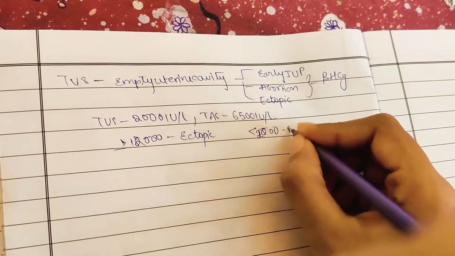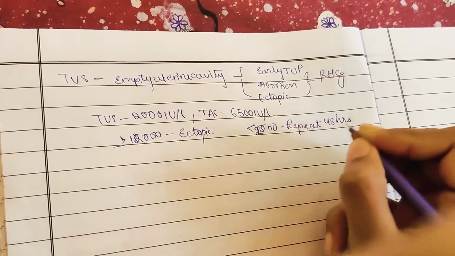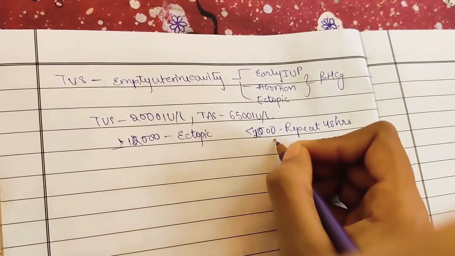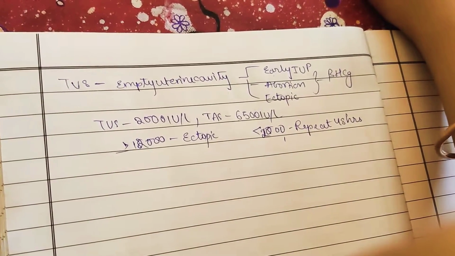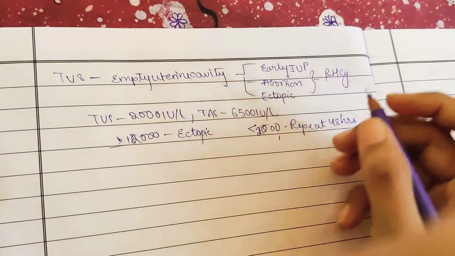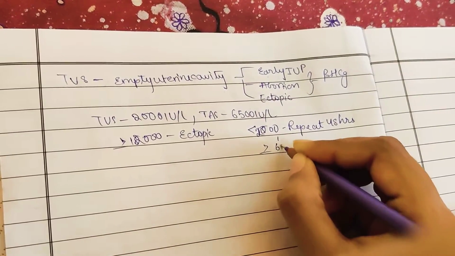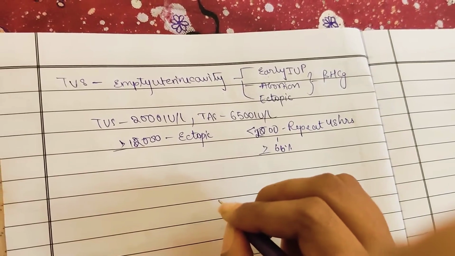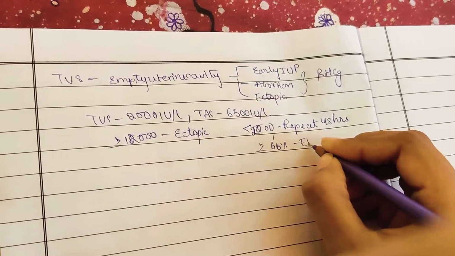So just repeat this test after 48 hours. Okay, so after 48 hours, in a normal pregnancy the values will double, like they'll increase up to 66%, right? So if the values double, then you can confirm it as early uterine pregnancy.